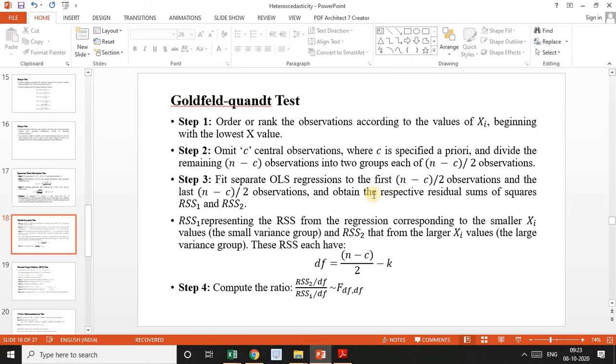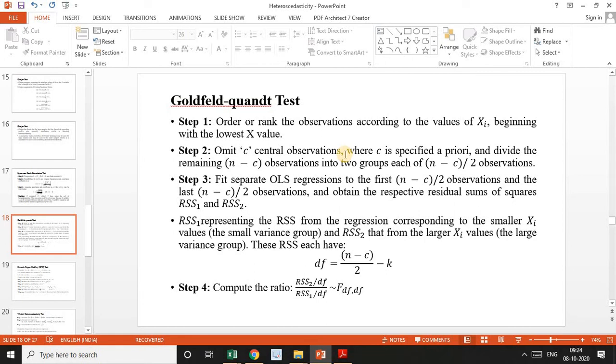Then next, you have to omit the central observations, and divide the remaining observations into exactly two groups, each consisting of (n minus c) divided by 2. So you remove the central observations in such a way that the first part as well as the second part have an equal number of observations.